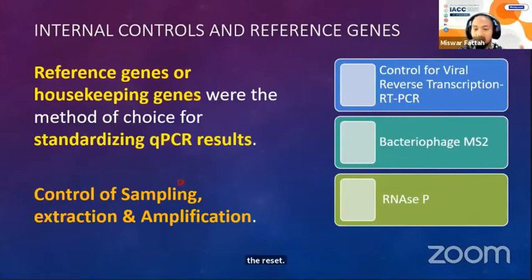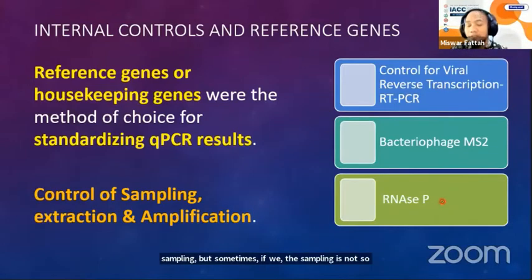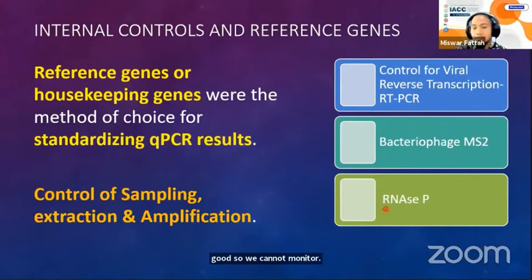Two types of control are available: a bacteriophage as an internal control, or RNase P as an internal control. The limitation of the bacteriophage internal control is that we cannot monitor the sampling. For RNase P, we can monitor the sampling, but sometimes if the sampling is not so good, we cannot monitor the process of extraction.